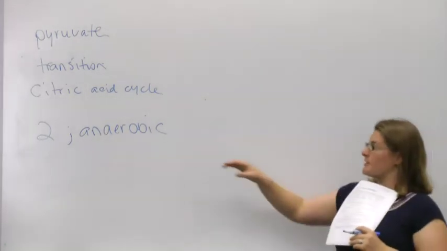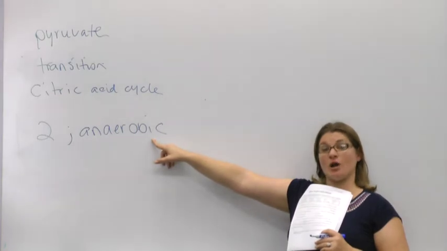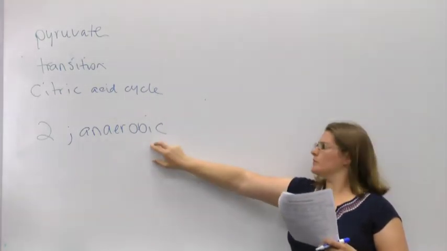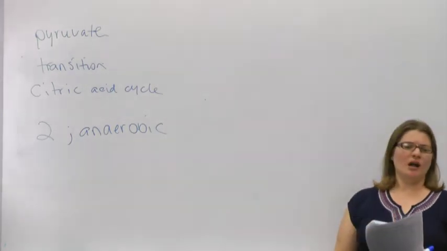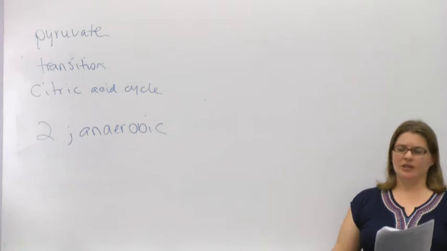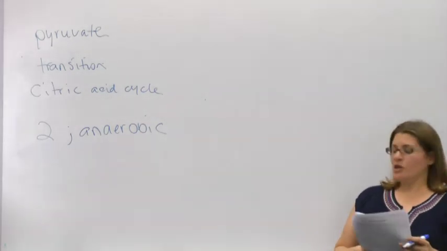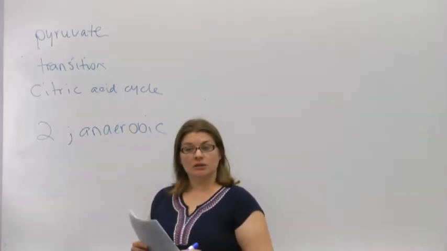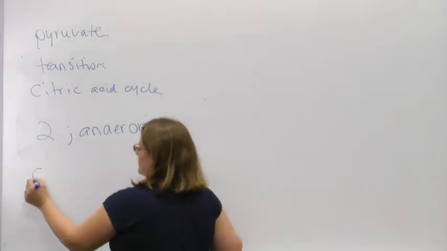So what does this mean, guys? Without oxygen. And I think we're going to get there at one point. Okay, but yes, anaerobic means without oxygen. Glycolysis is the stage of respiration that does not require oxygen. Okay. Number three, glycolysis occurs where? Right, it doesn't happen in the mitochondria. No, it happens in the cytoplasm.